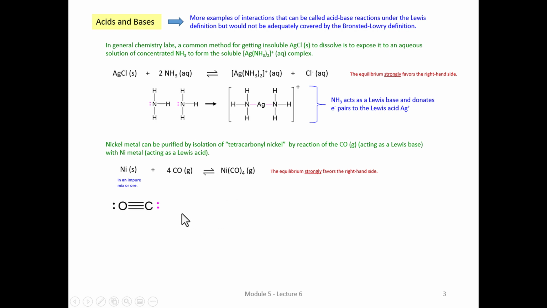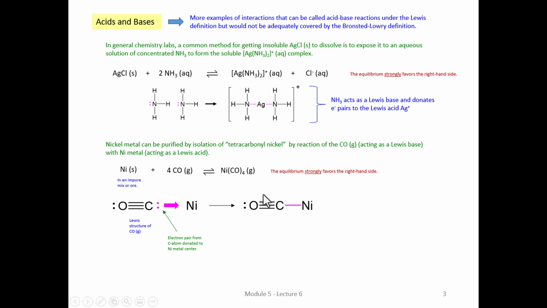If we draw Lewis structures here to illustrate what's going on, I drew here an enlarged Lewis structure of a carbon monoxide molecule with the relevant lone pair on carbon highlighted, and that lone pair gets donated to a nickel atom and forms a nickel carbon monoxide bond.